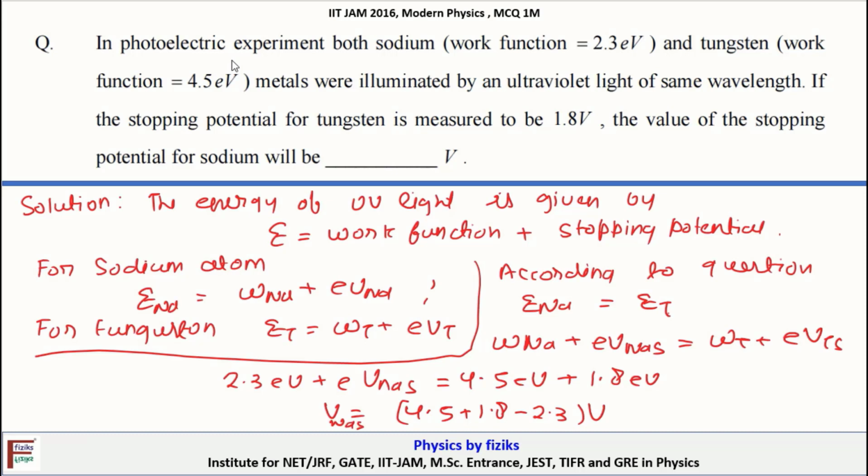The stopping potential of sodium will be equal to 4.0 electron volt. So thus 4.0 volt. Thus our answer would be 4.0.